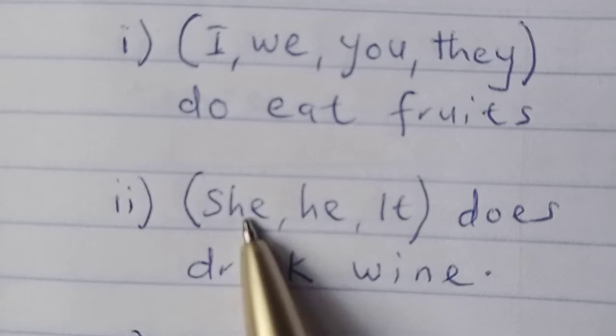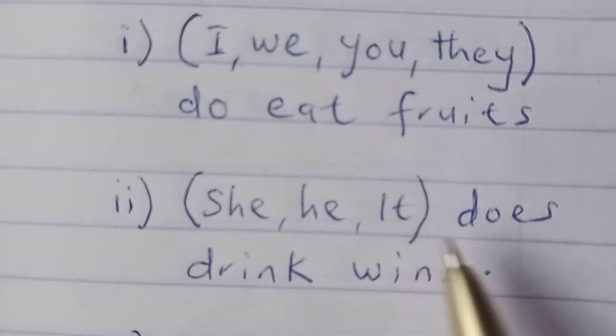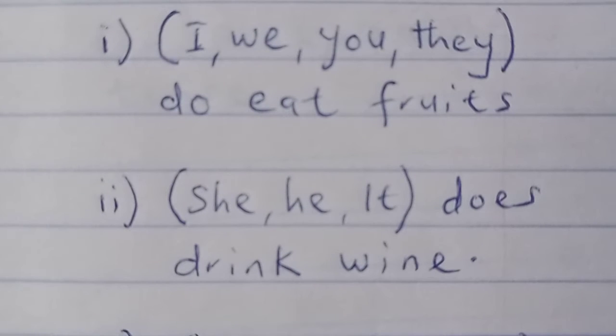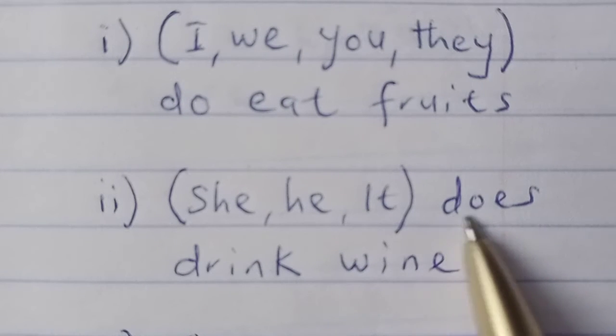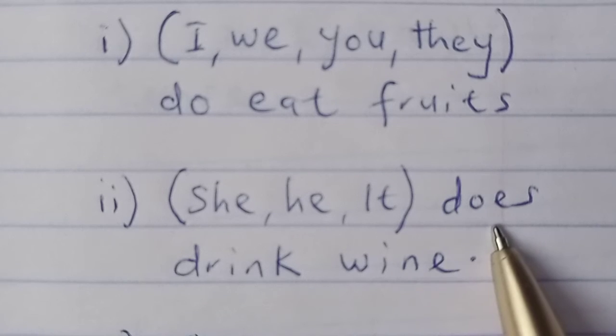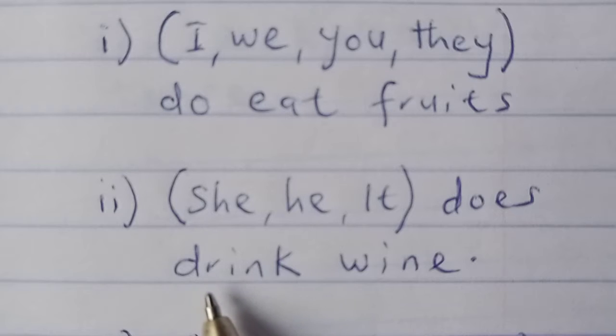Okay? She, he, or it does drink wine. So this is another form of the verb do, as does, and it's accentuating or emphasizing the main verb here, drink.